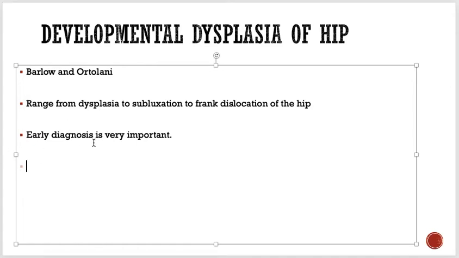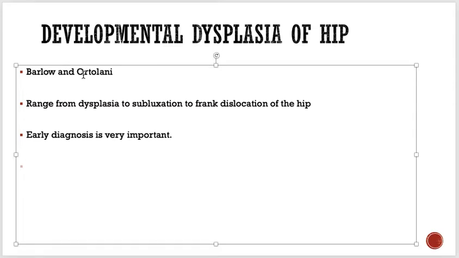But if the diagnosis is done late, there is a lot of hip dysplasia already there. So now it gets complex to treat, and most of the time we have to go for surgeries. So that's why we do this Ortolani and Barlow maneuver right after the birth, and we check the hip joint.